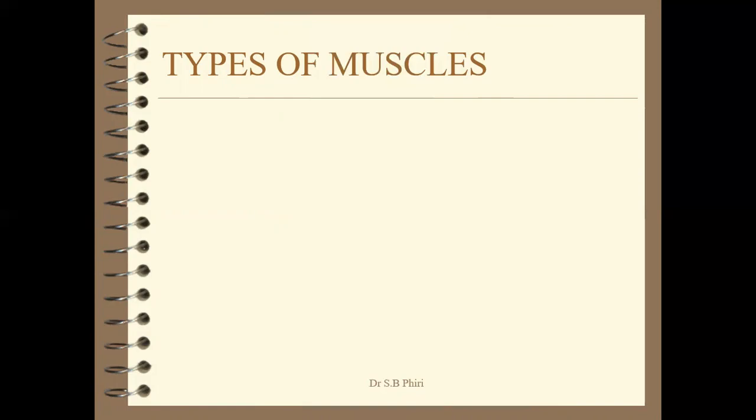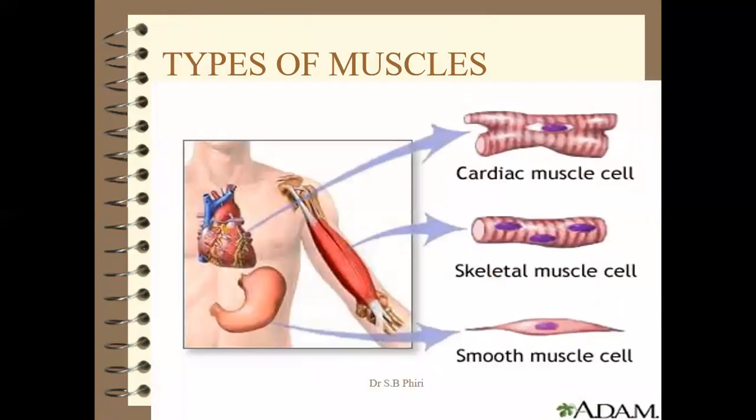So, types of muscles. Like I said, there are three different types: the cardiac muscle cell, the skeletal muscle cell, and the smooth muscle cell. The cardiac muscle cell and skeletal muscle cells are similar in terms of structure because they are both striated muscles. When you look at these muscles, they appear to have lines, which are called striations. These striations are due to the arrangement of the myofilaments found within the muscles.